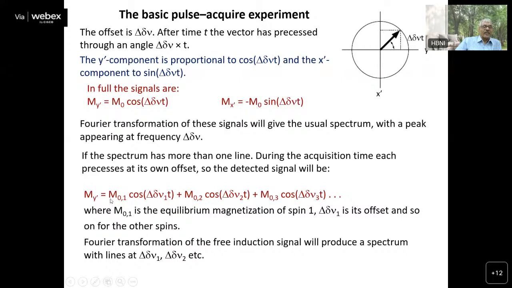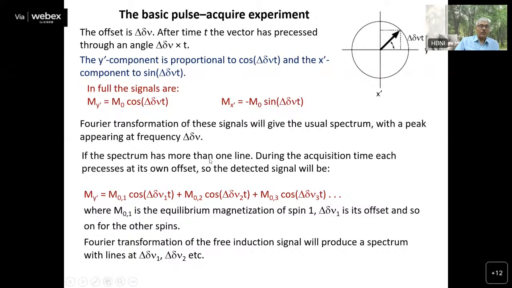So you will get a series of rotating fields in the xy plane, and their position will depend on their offset frequency. For example, this is for nuclei 1, this is for nuclei 2 and 3 and so on.